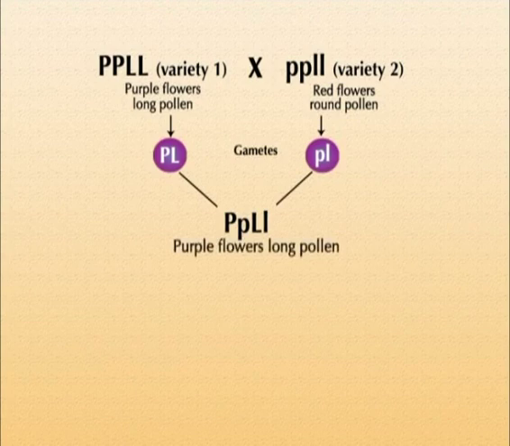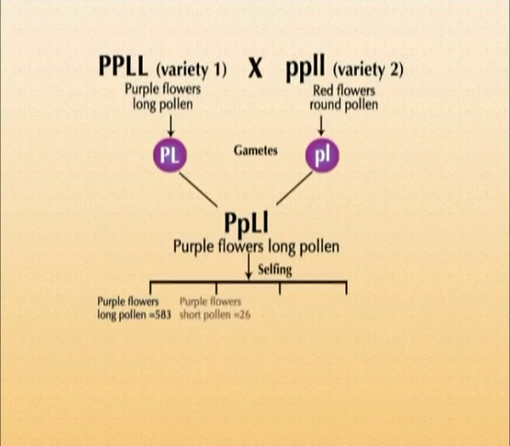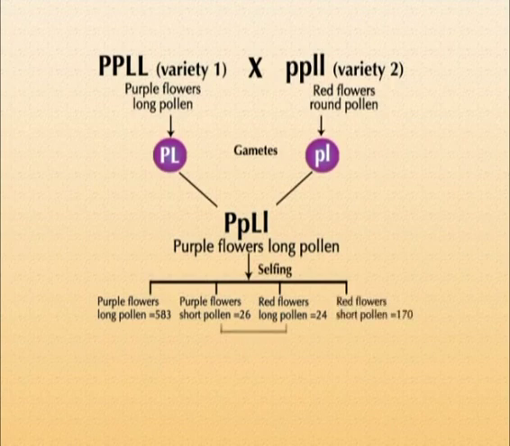When F1 plants were self-fertilized, the F2 progeny produced purple flowers and long pollen with 583 individuals, purple flowers and short pollen with 26 individuals, red flowers and long pollen with 24 individuals, and red flowers and short pollen with 170 individuals.